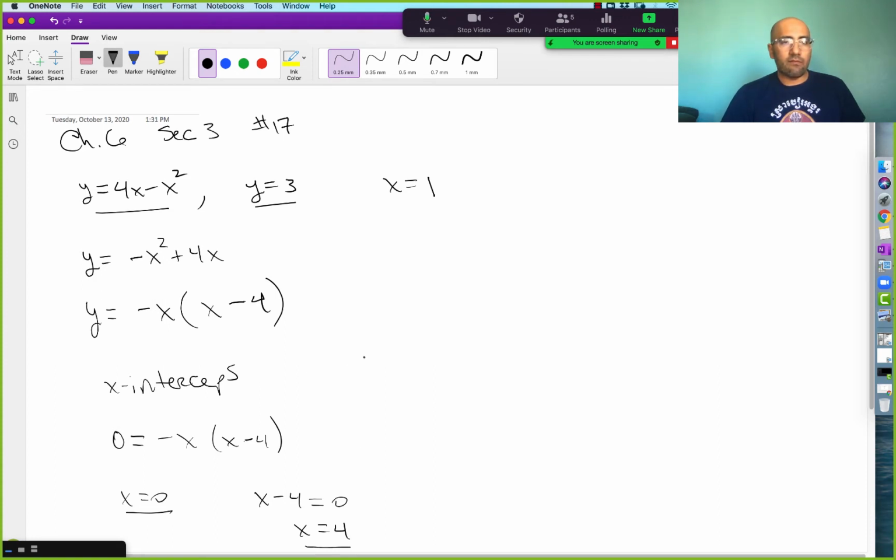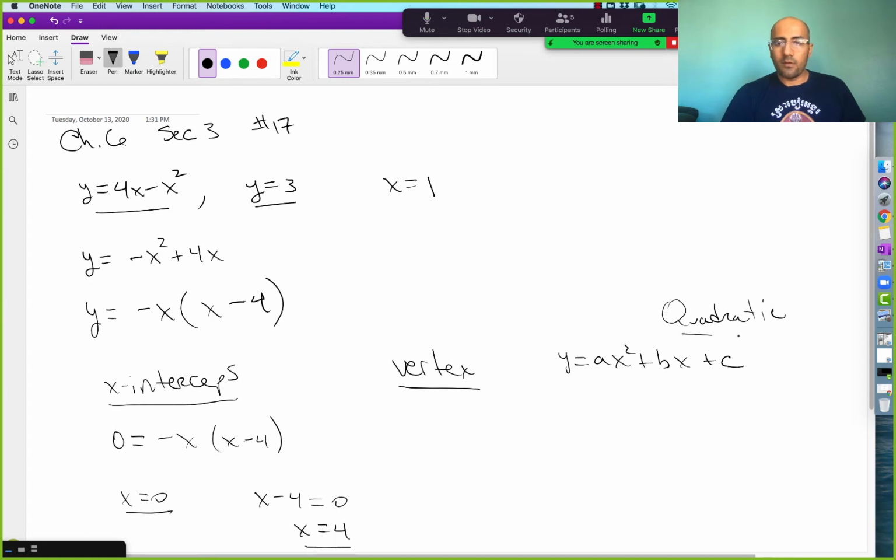And then the vertex. We have y equals ax squared plus bx plus c. If we had any quadratic that fits this form, the x-coordinate of the vertex is going to be the value negative b over twice a.